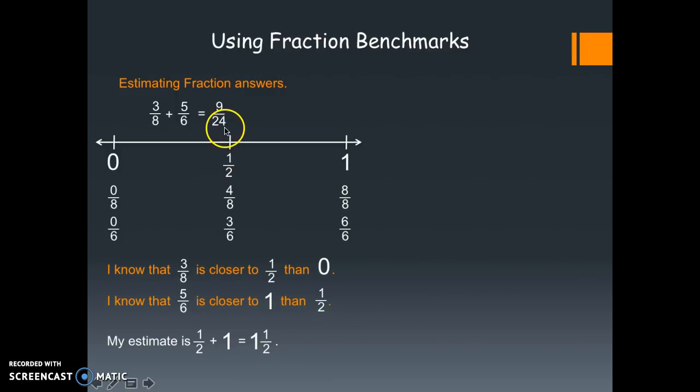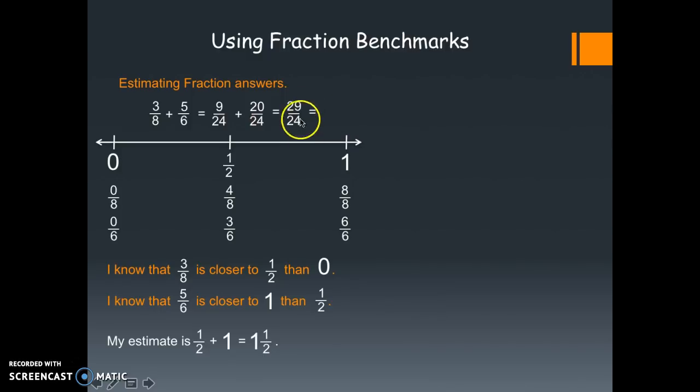I'm going to use 24ths for my common denominator because 8 and 6 are both factors of 24. They both go into 24. So 8 times 3 is 24, 3 times 3 is 9, 6 times 4 is 24, 5 times 4 is 20. So that equals 29/24ths, which is more than 1.